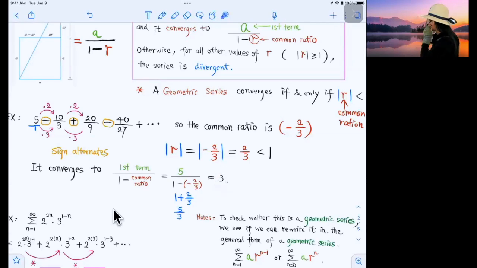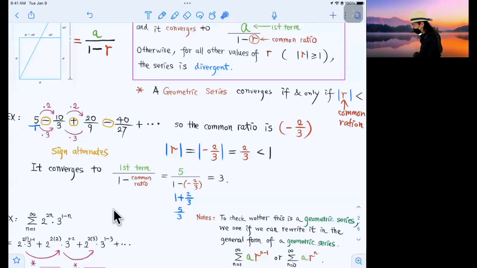So the result here is 3. If you sum up all the terms, well, there are infinitely many terms, so you can never sum all of them, but as you get more and more terms, the result gets closer and closer to 3. So we say that this series converges to 3.